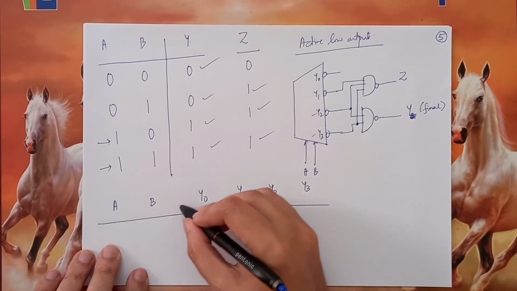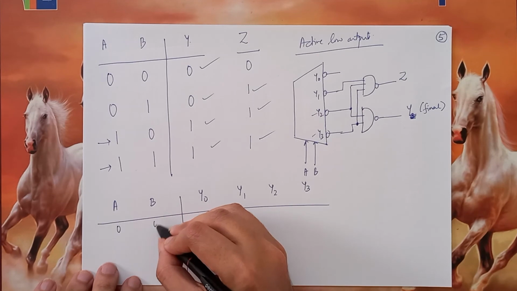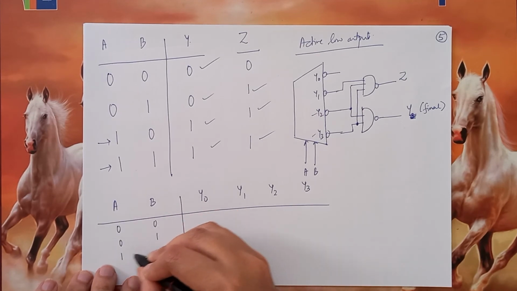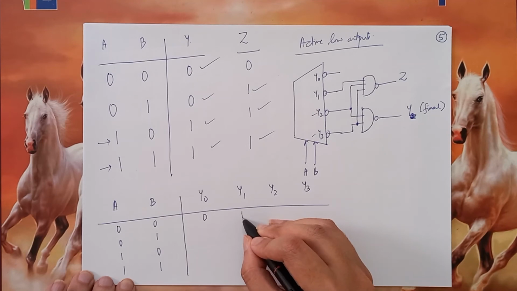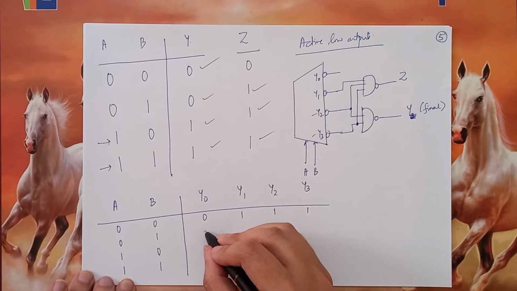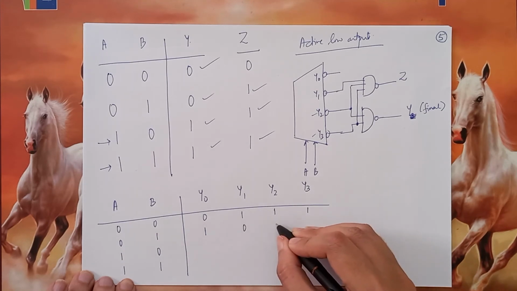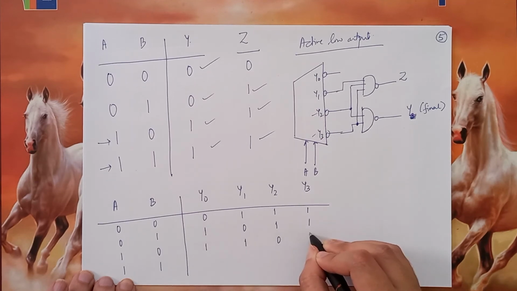So if I draw the truth table, in this case y0 will be 0, y1 will be 1, y2 will be 1, y3 will be 1. When A and B are 0, 1, this is 1, this is 0, rest will be 1s. And like so.